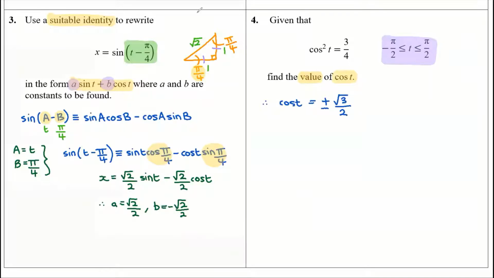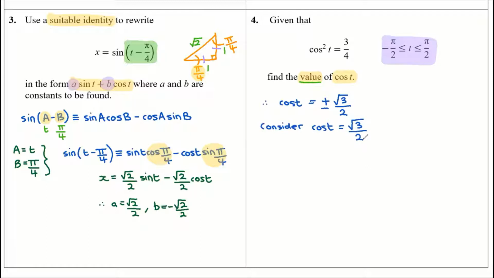I've got two answers here, but I want just the value. So we could split this up into two questions, and maybe one of them will be completely redundant. So let's consider cos t is equal to the positive version first, so that's √3/2.